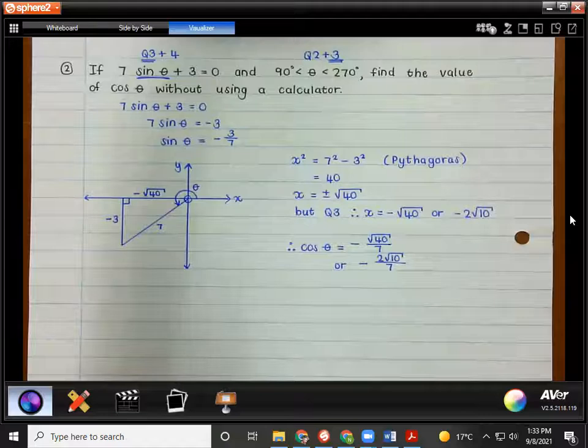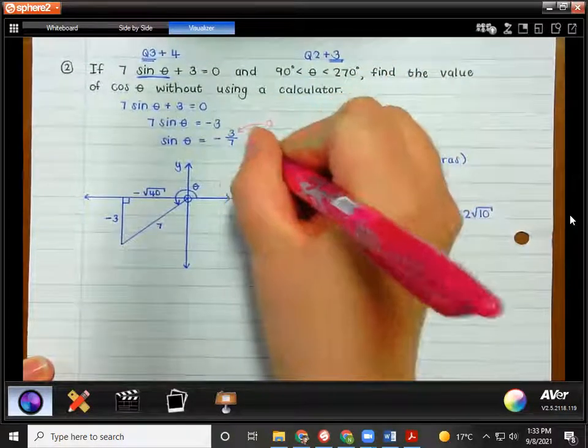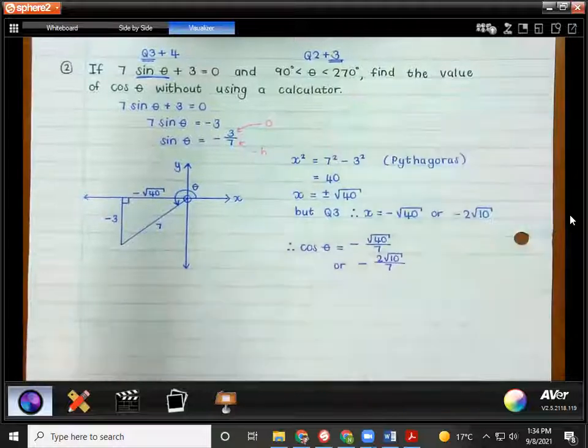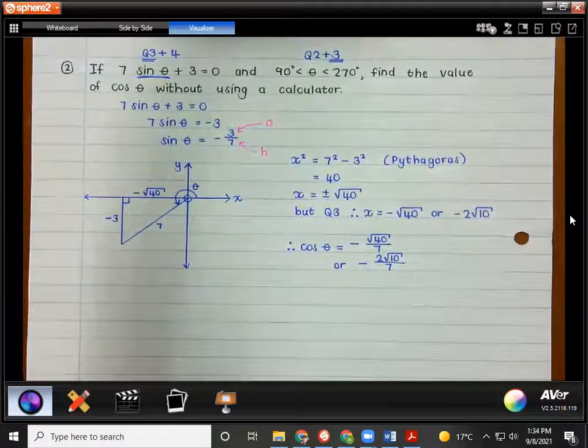Now, guys, once you have your triangle, you need to remember that sine is opposite over hypotenuse. All right, so the length of the opposite side is going to be 3, and the length of the hypotenuse is going to be 7.